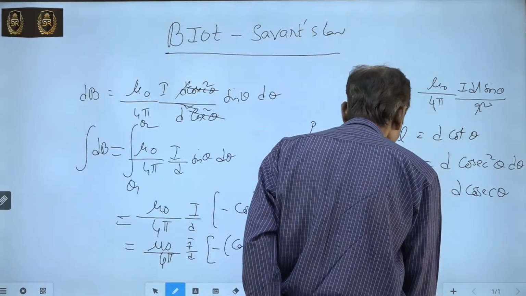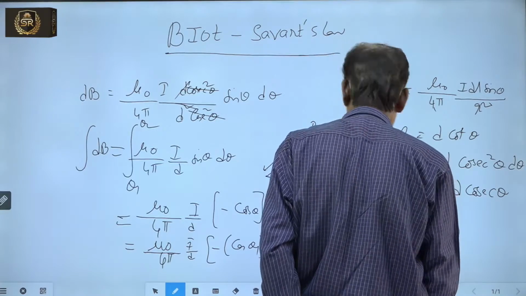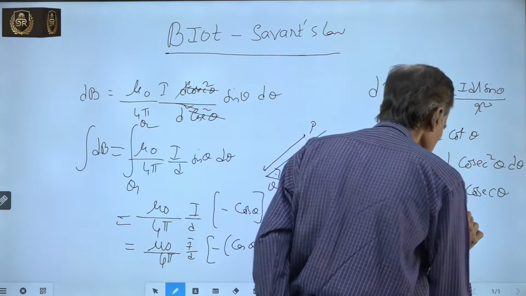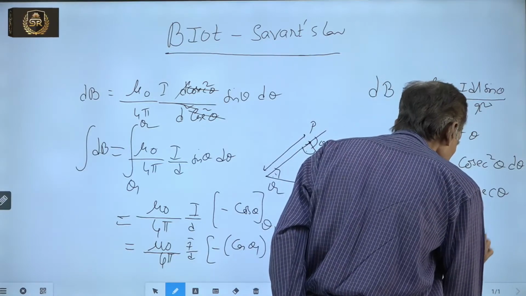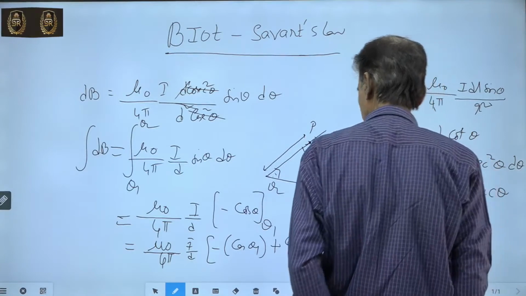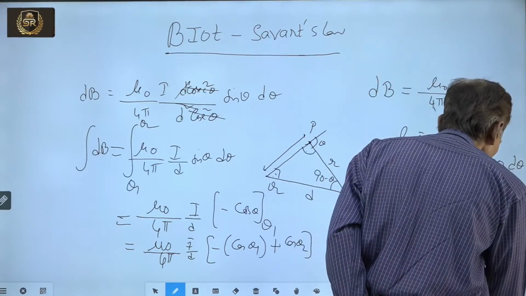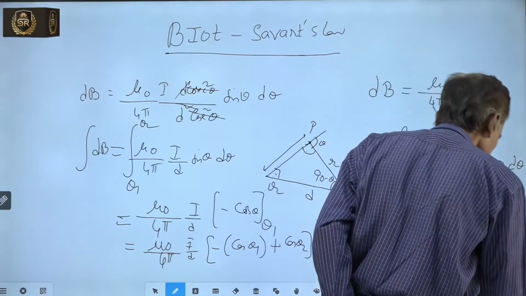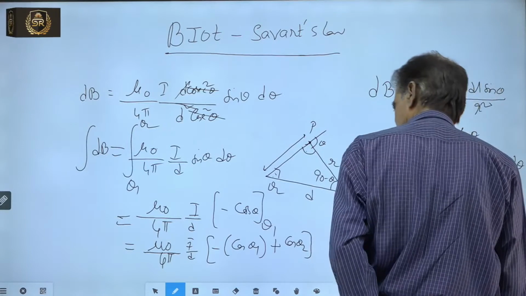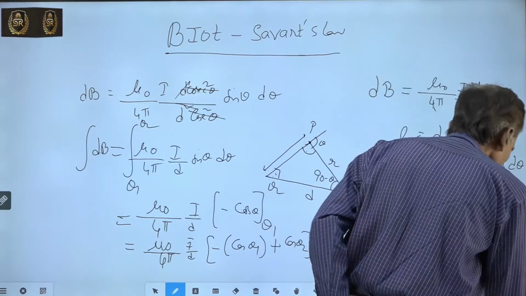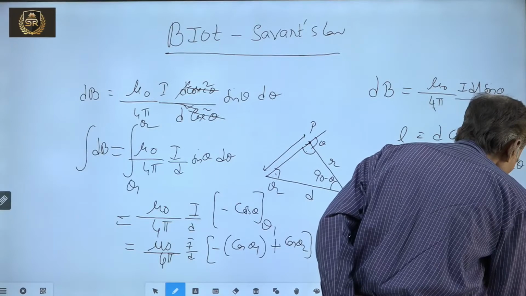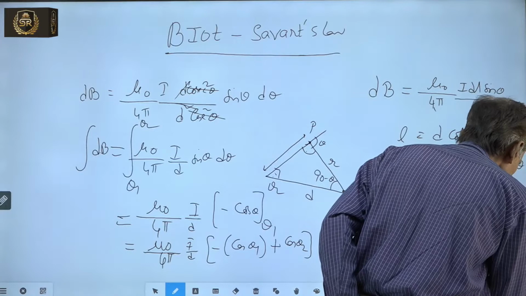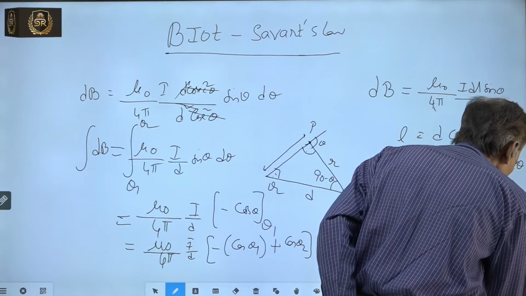So, B is equal to, due to complete conductor, we can write mu naught by 4 pi into I by d into cos theta 1 minus of minus, that is plus cos theta 2.